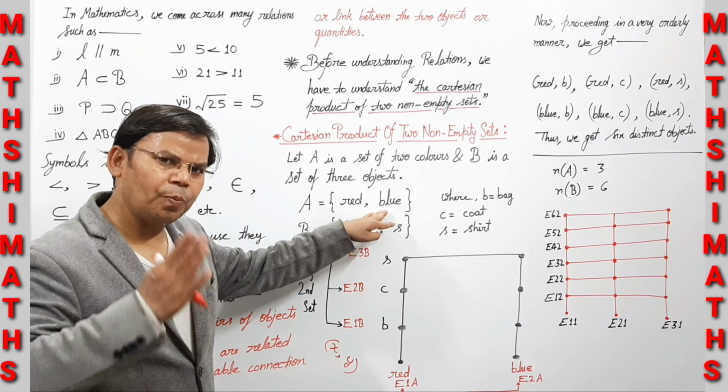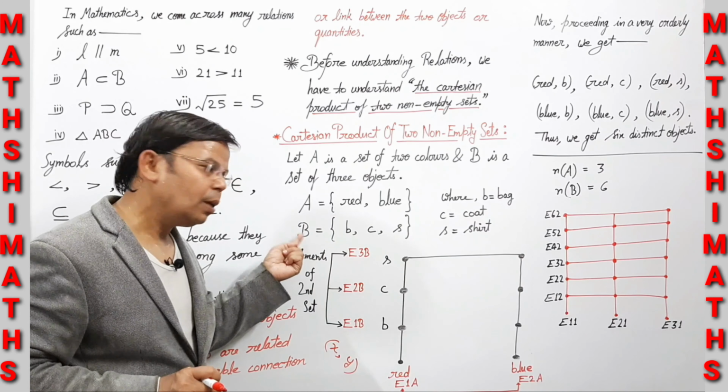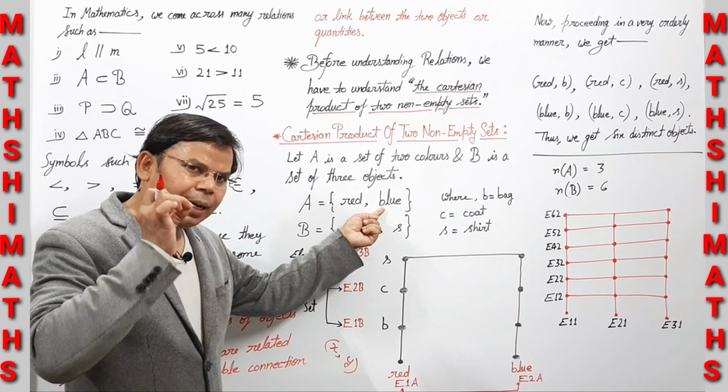Here we take the second element of first set, and with it we take the first element of second set, and again the second element of first set with the second element of second set, and again with the second element of the first set we take the third element of second set. In this way, this is the general way of getting the pairs in a very orderly manner in the Cartesian product of two sets.